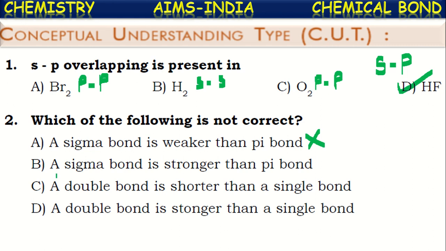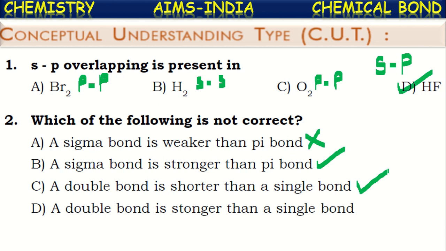The second one, a sigma bond is stronger than a pi bond. This is correct. A double bond is shorter than a single bond, of course, because when the number of bonds between two atoms increases, the attraction between them increases more, and hence both atoms come a little closer, and the distance between them decreases.